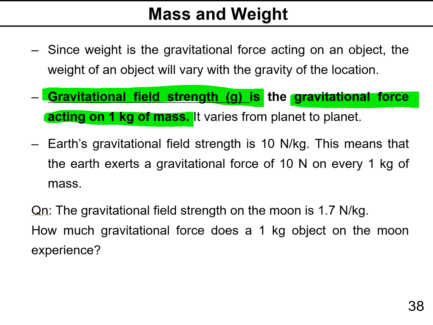Now, this number you have to remember, okay? It is usually written in the question, but even if it is not, you should be able to quote the figure, because Earth is the most common planet that questions are based on. So the Earth's gravitational field strength is 10 newtons per kilogram.